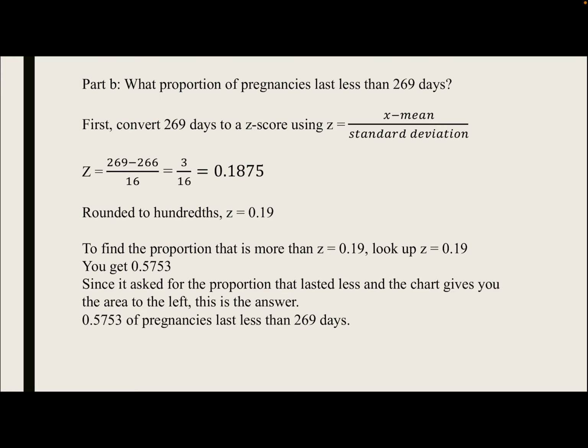What proportion lasts less than 269 days? So subtract the mean of 266, divide by the standard deviation of 16, round it to hundredths, so we get z equals 0.19.